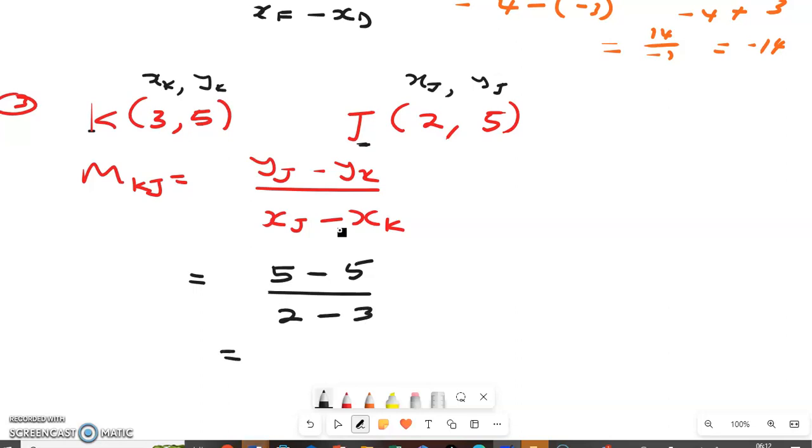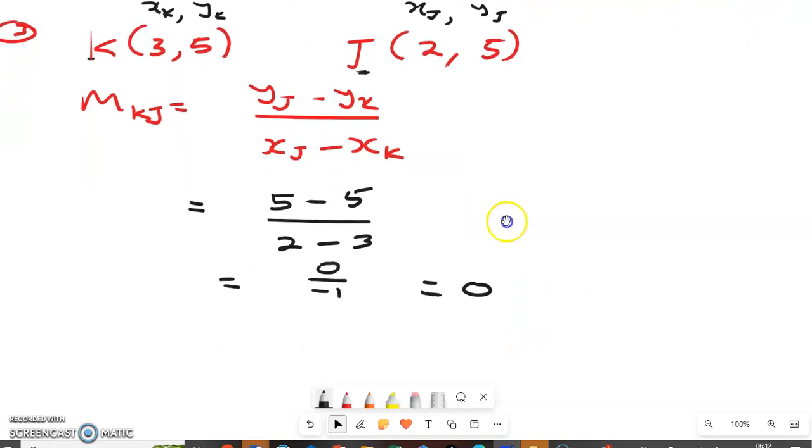So this is 5 minus 5, which is 0, over negative 1. So we remember that 0 divided by any real number gives 0. So we have a gradient of 0.